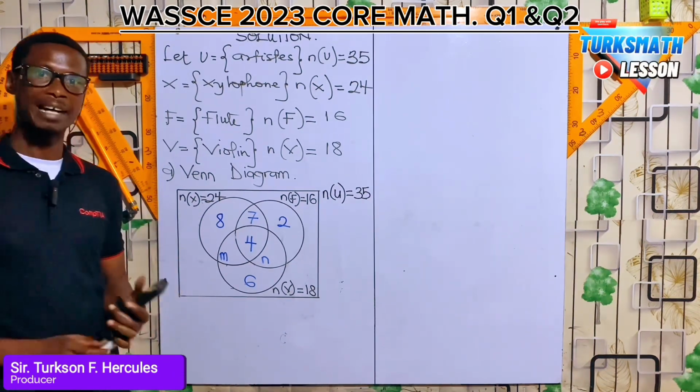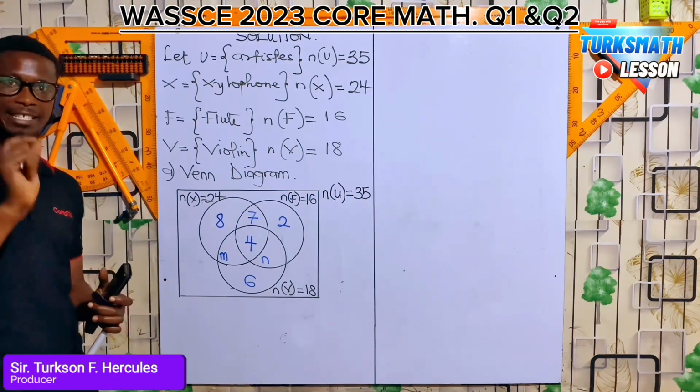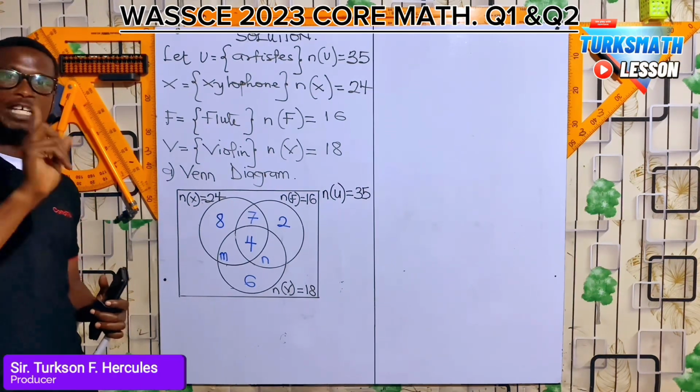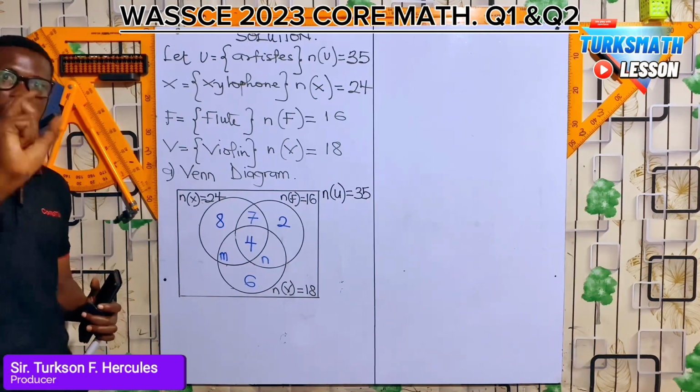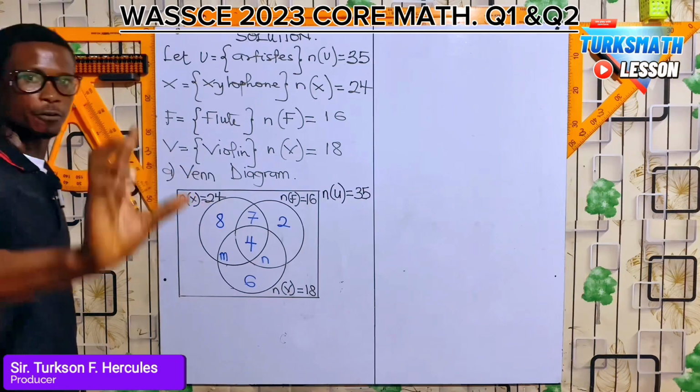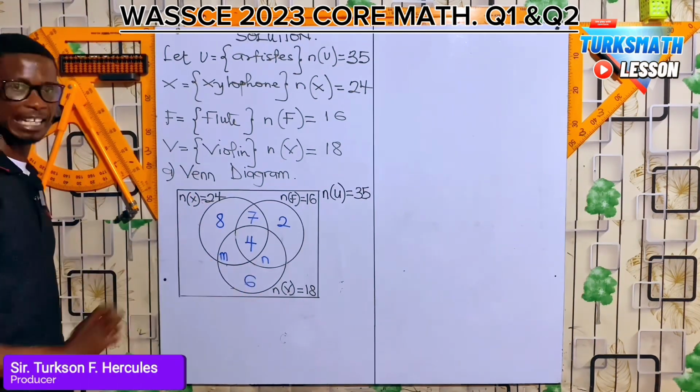1B, Roman number 1. They say find the number of artists who prefer only 2 types of instruments, right? So before you get the only 2 types of the instrument here, we need to work for M and N, right?